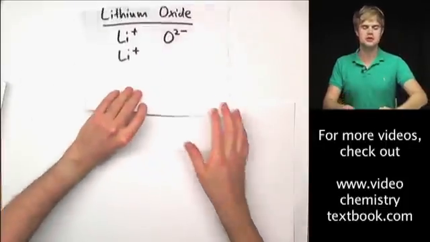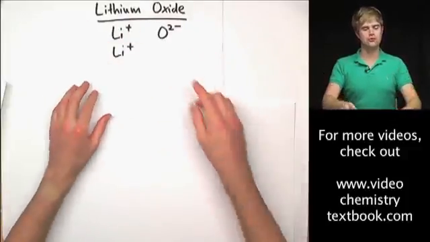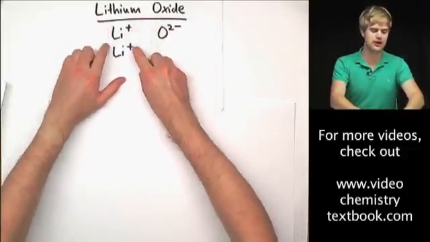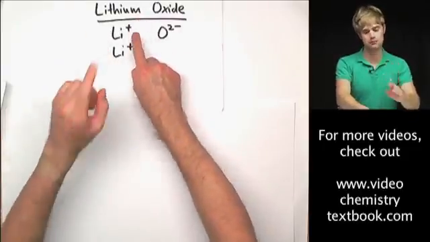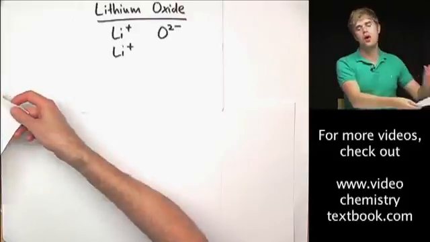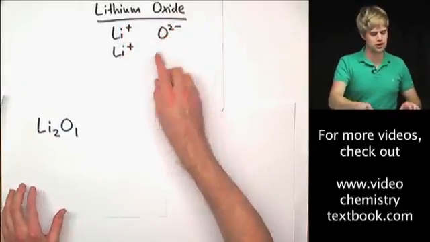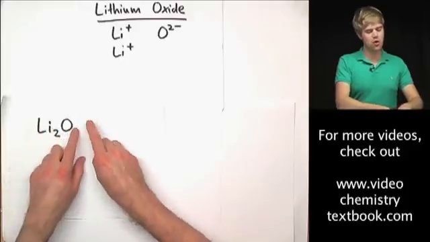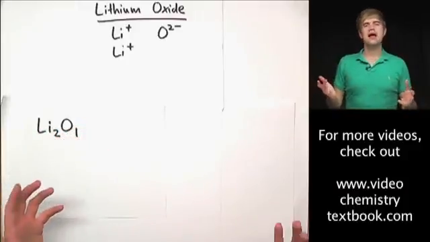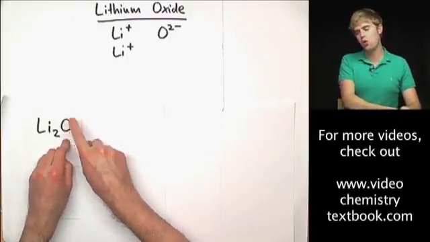Here are the two mistakes people make. Let's assume that you're asked to write the chemical formula for lithium oxide, and you find out that you want to have two lithiums with 1 plus each to balance out the charge on oxygen, okay? Here is one mistake that people make. They say, okay, I have 2 lithiums and 1 oxygen, so I'll write Li2O1. They say, yeah, there's only 1 oxygen, so it can't hurt to just add the 1 here, can it?